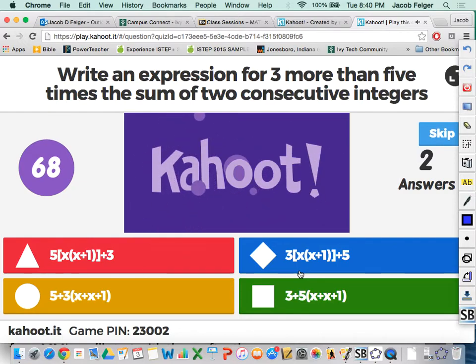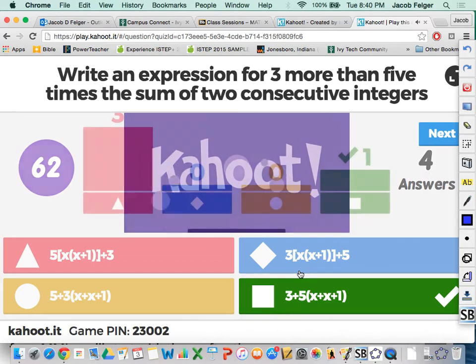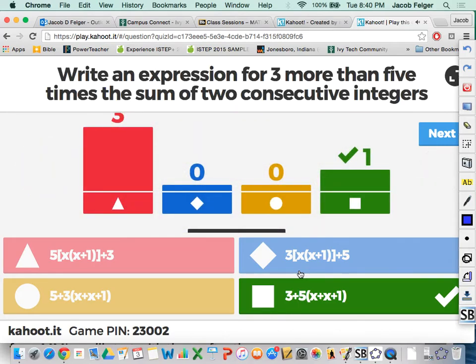So, you know what's consecutive? X. That's the next question. Alright. So, ouch. What happened? Oh, you guys all selected the product of 2 consecutive integers. So it's the sum of 2 consecutive integers times 5 and added 3.